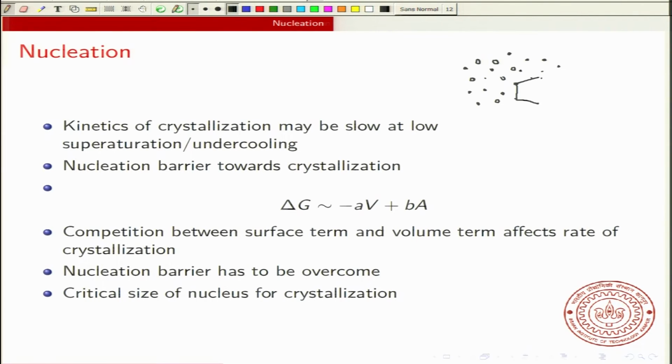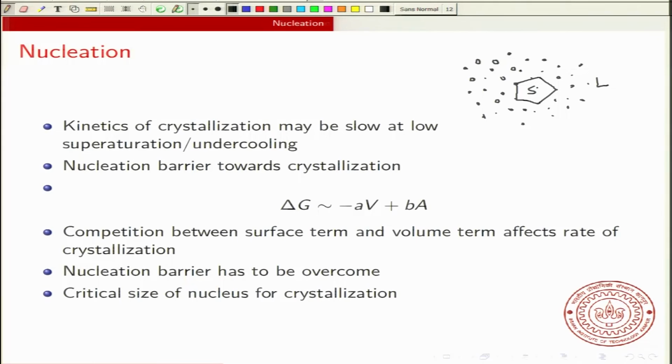I will just show some piece that has become a solid, and you have liquid all around. So this is your liquid, and you have a solid here.